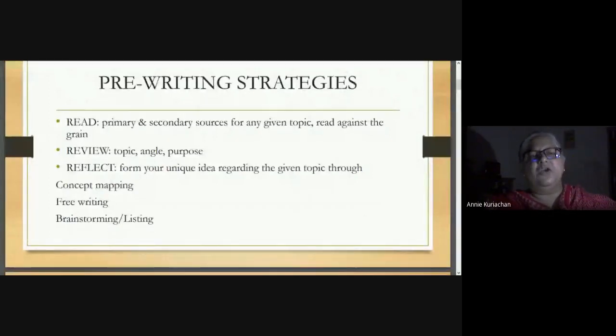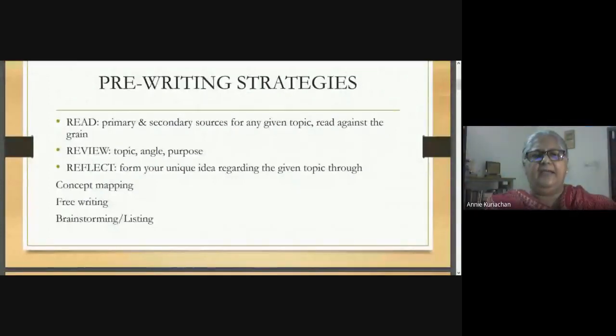The first one is concept mapping. When we talk about concept mapping, it is about the idea. You put that singular idea or the topic in the center of your page, draw a circle around it, and then draw branches to that single central idea.